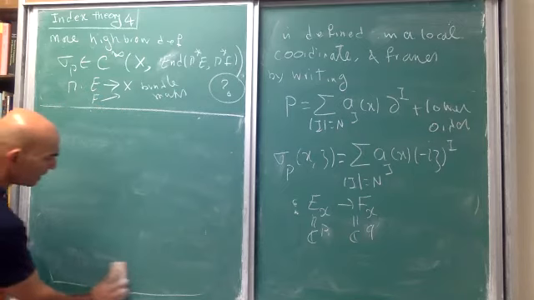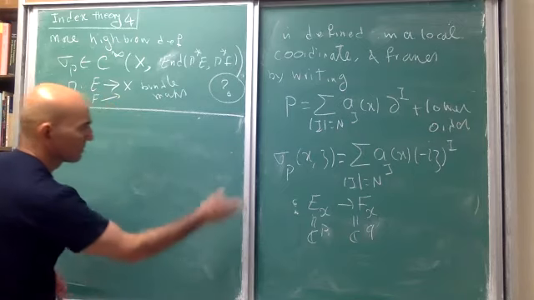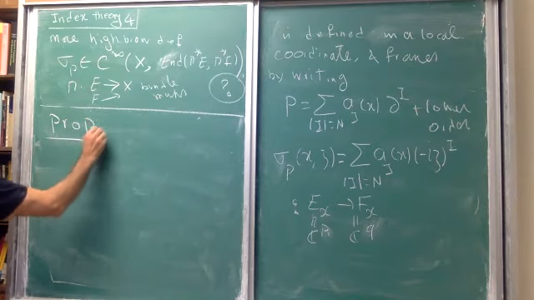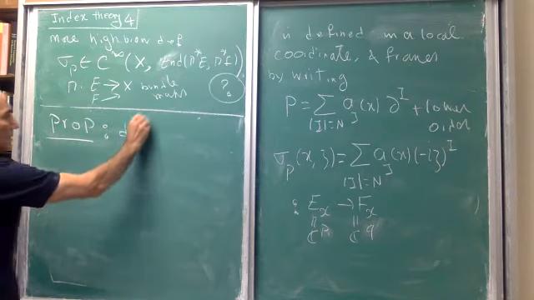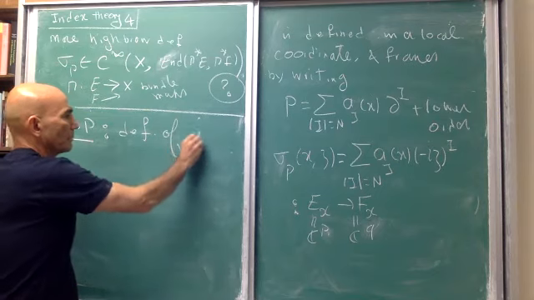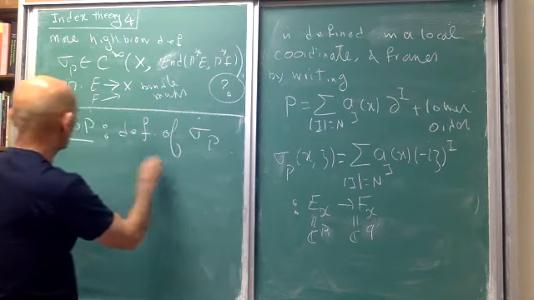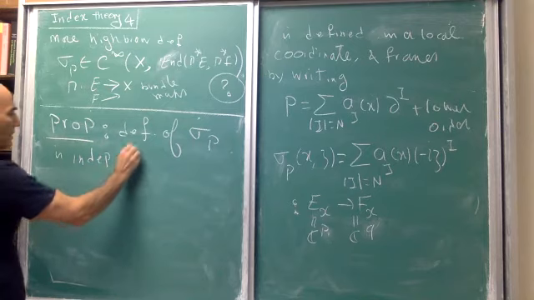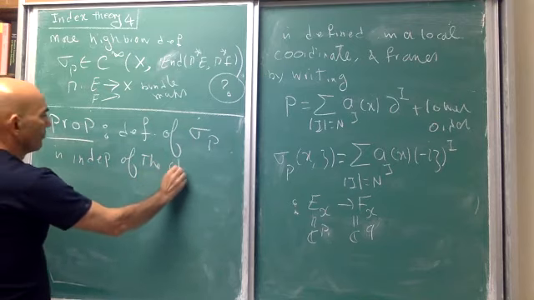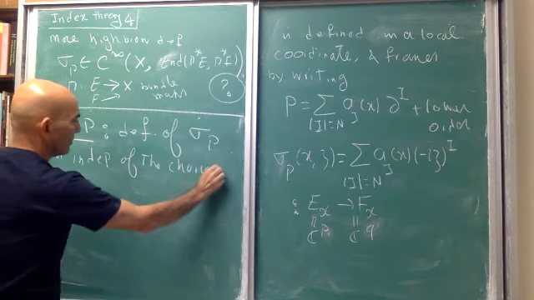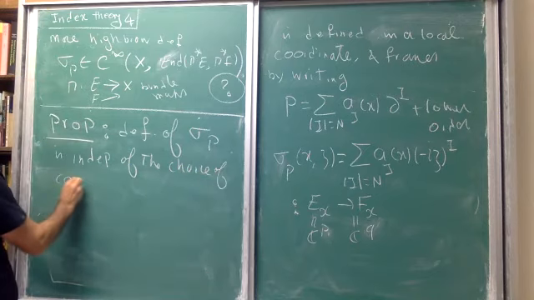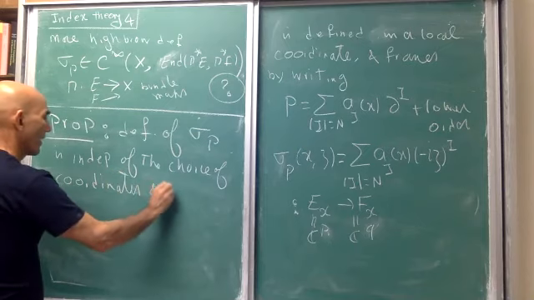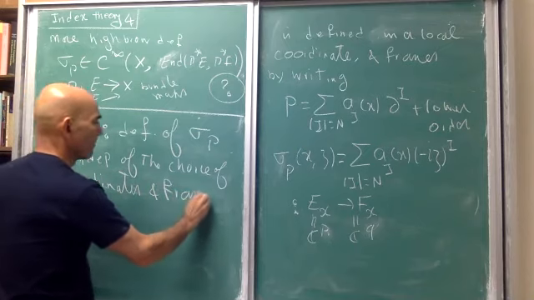Do it in 1 or 2 dimensions. So, proposition: the definition of sigma P, the principal symbol, is independent of the choice of coordinates and frames. That's very important.